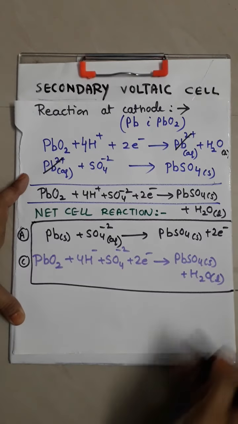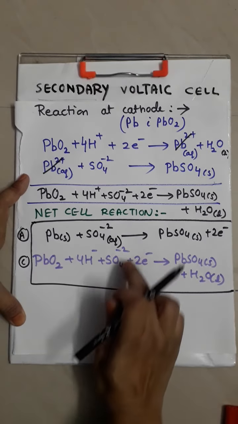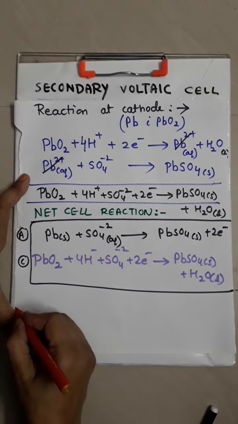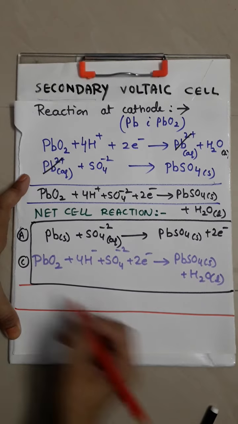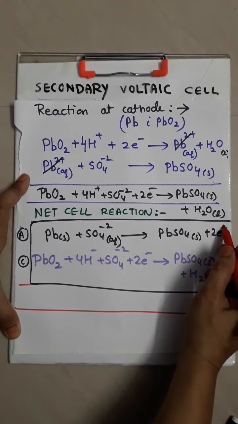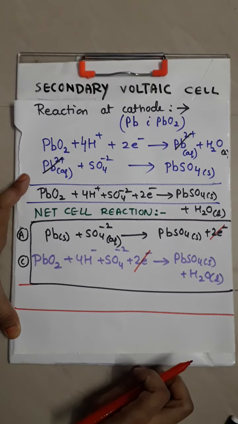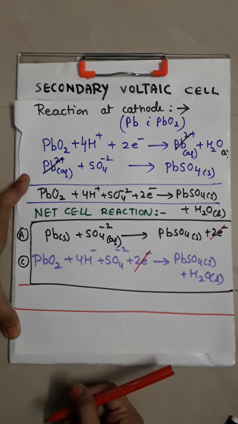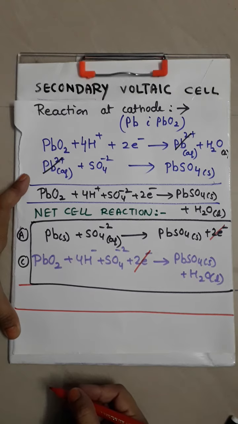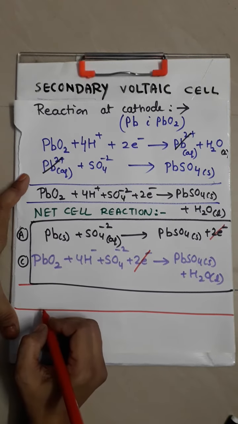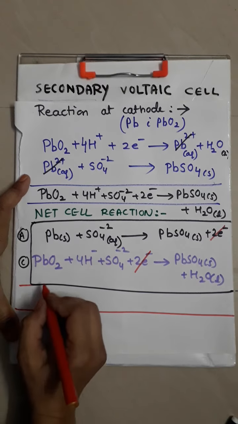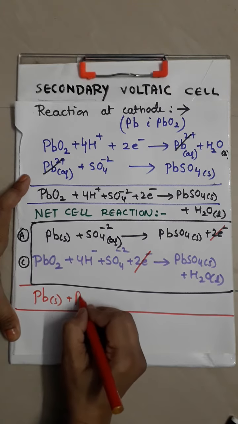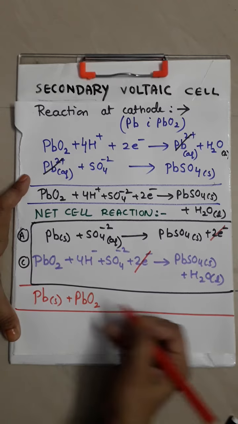We are going to add these two equations and then we will get the net cell reaction. Now look at the number of electrons. We will cancel the 2 electrons, and now we write Pb solid plus PbO2.